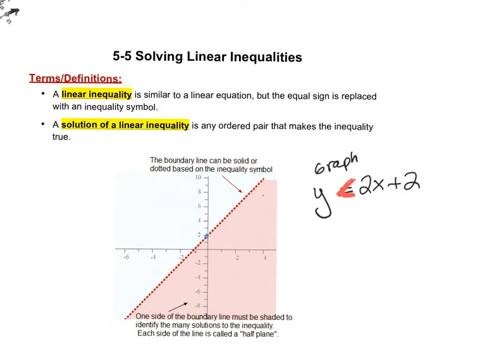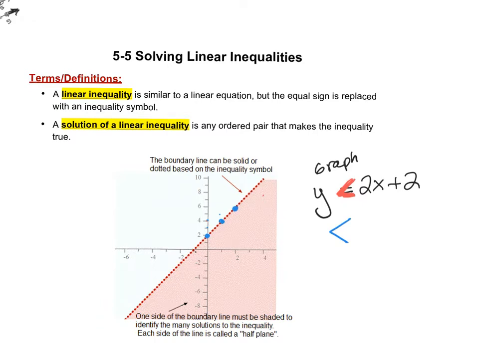So you would begin at 2 and go up 2 over 1, up 2 over 1, but because the inequality symbol I'm using does not have the extra ink underneath, it's less than, you use a dotted line, and that's the reason this is dotted. And less than means it's below the line, and so you shade below the line.